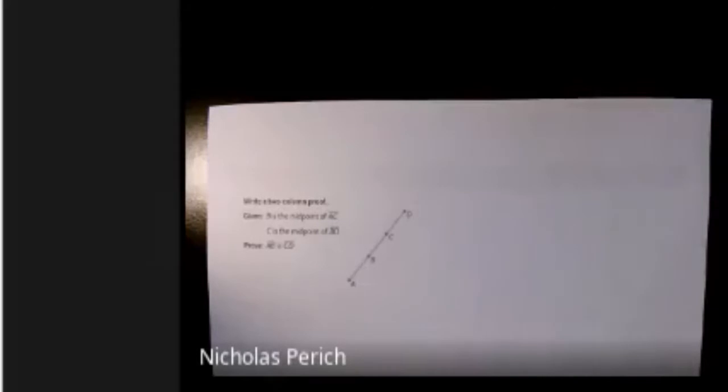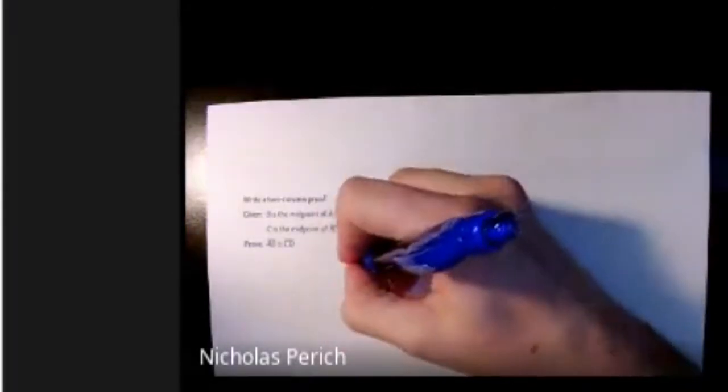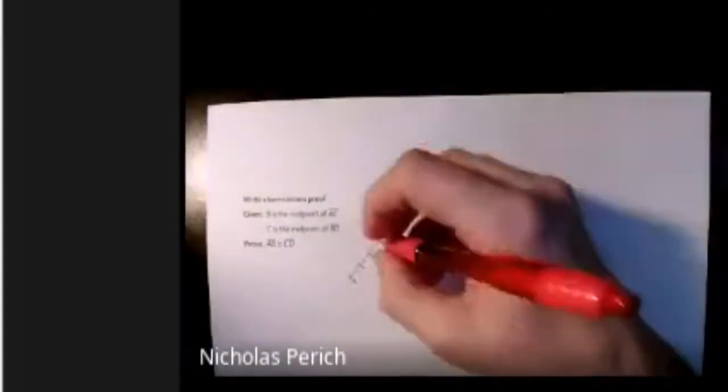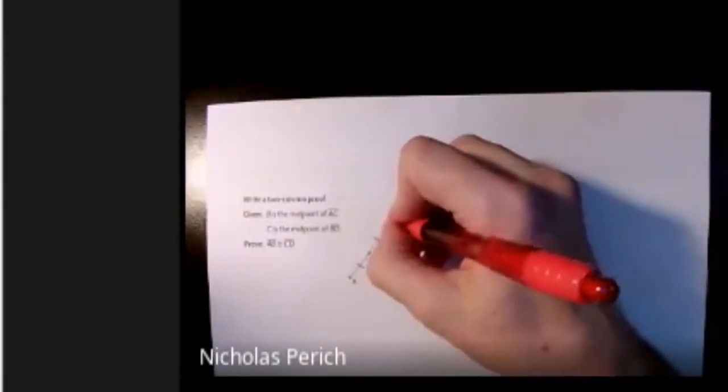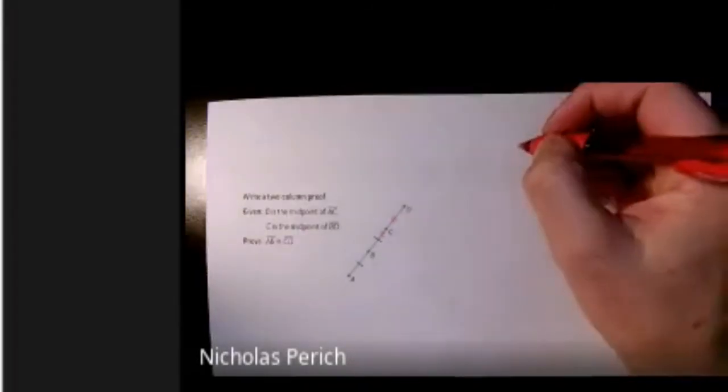Write a 2-column proof where B is the midpoint of AC, which implies that, and C is the midpoint of BD, which implies this. And I need to show that AB and CD are the same. So let me make a rough draft over here.